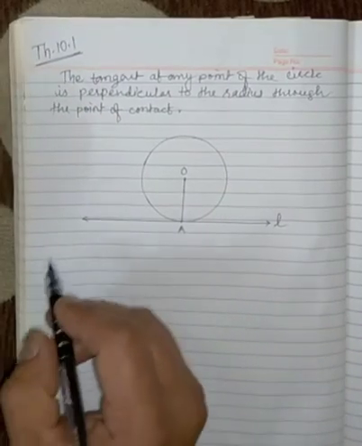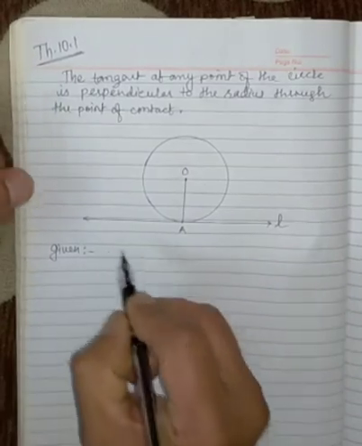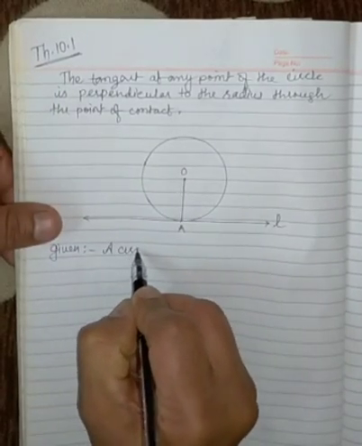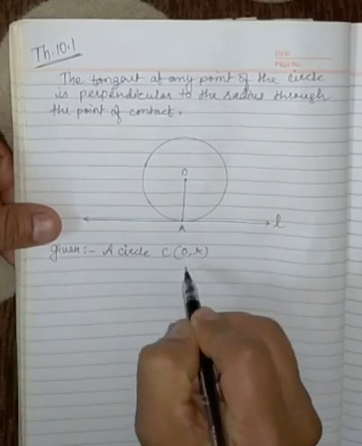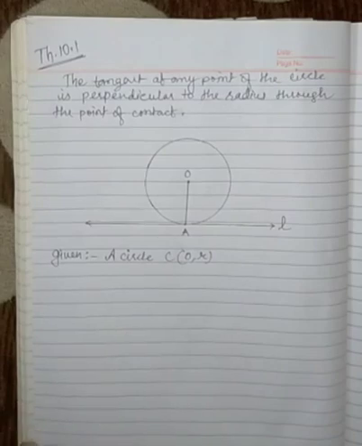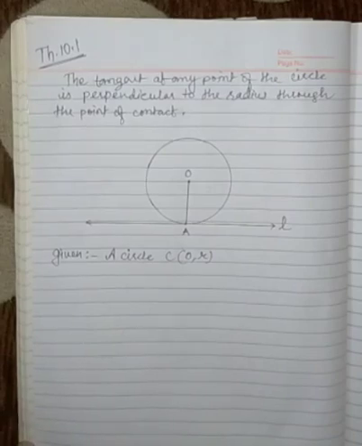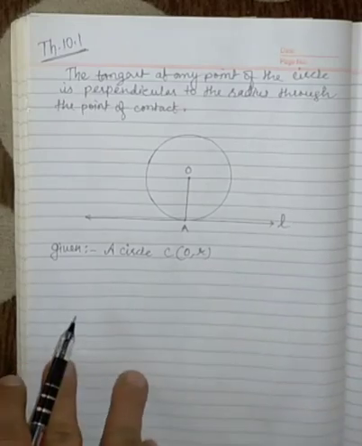So to prove this theorem, given a circle C(O, R), as usual, like in previous classes, C is the circle, O is the center of the circle, and R is the radius.